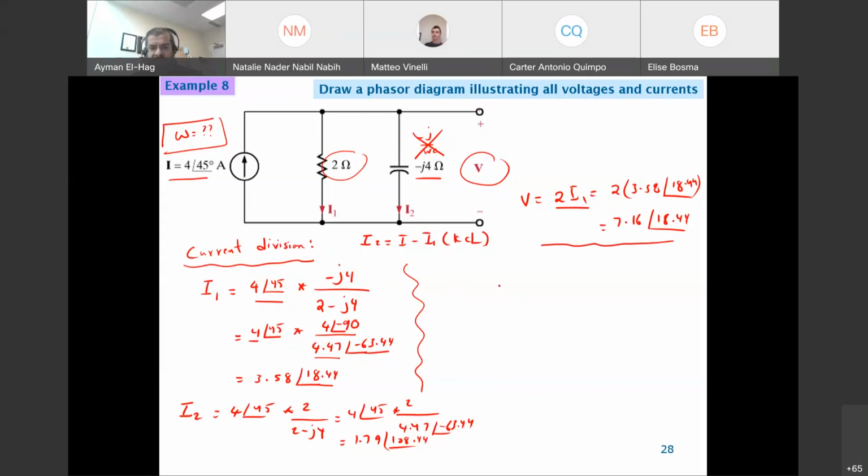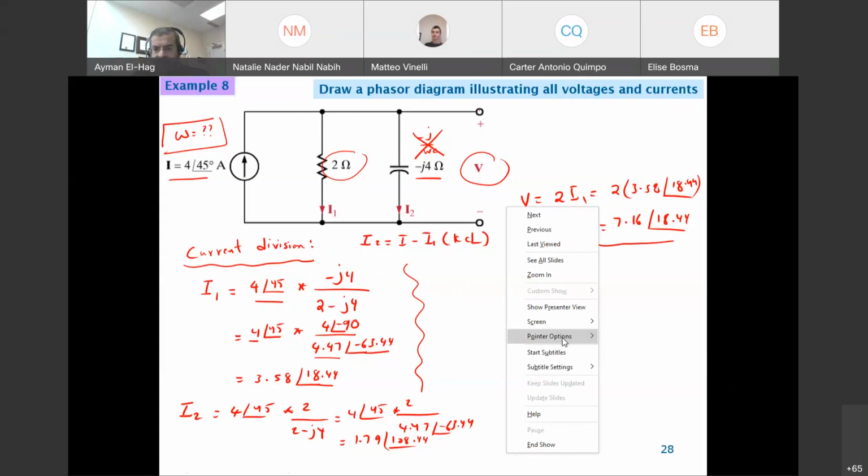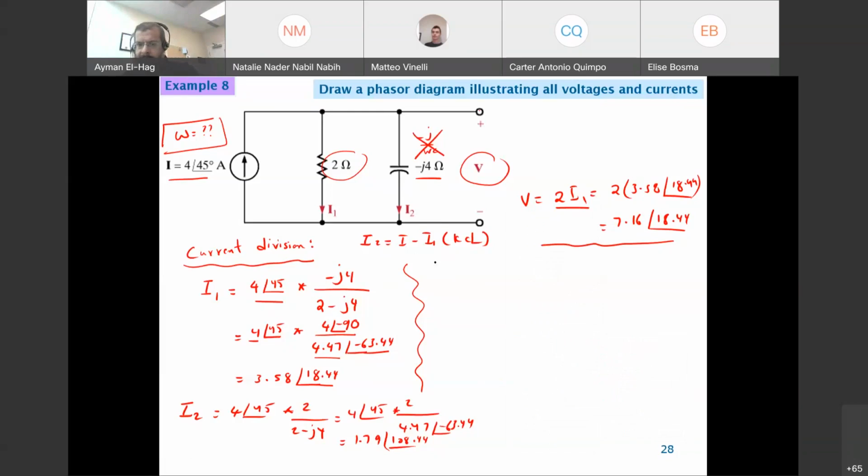So let's draw the phasor diagram, and we'll use different colors to make it easy for you to visualize. So let's start with black to draw the axes. Okay, so we'll draw the y and the x axis.